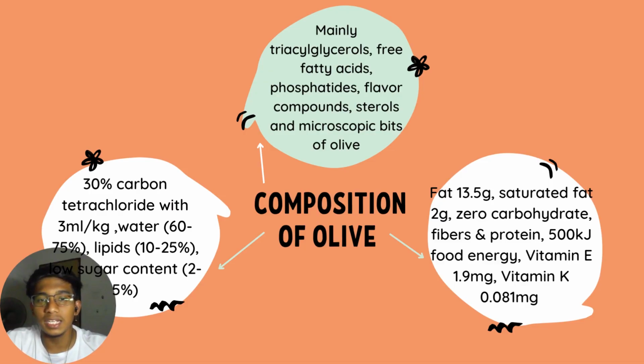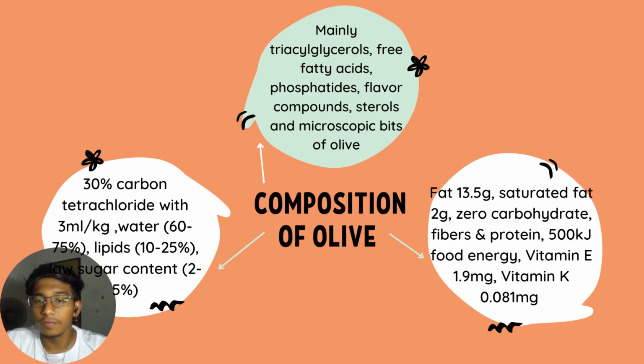Olive oil is mainly triglycerols, free fatty acids, phosphatides, flavor compounds, sterols, and microscopic bits of olive. It contains carbon tetrachloride at 3 ml over 1 kilogram, water, lipids, and sugar content.